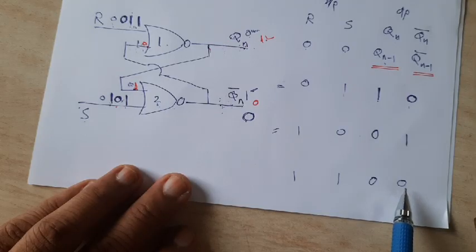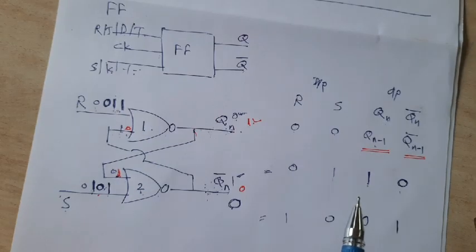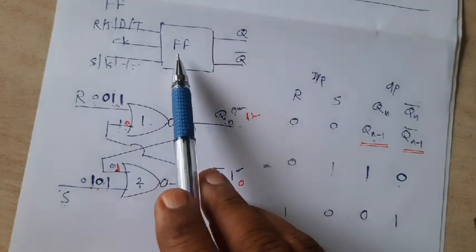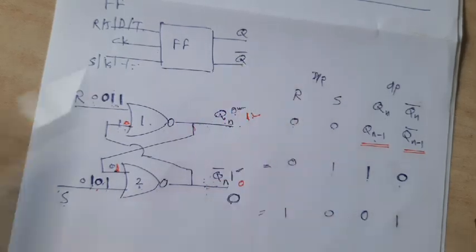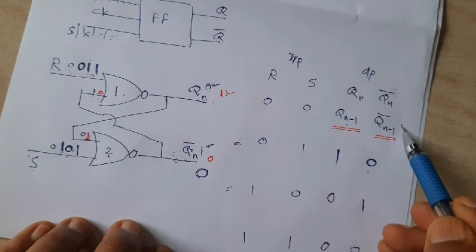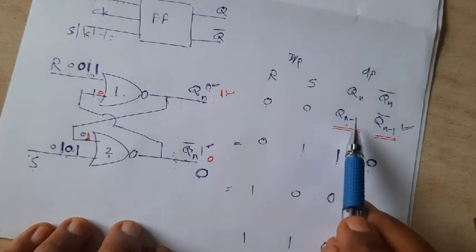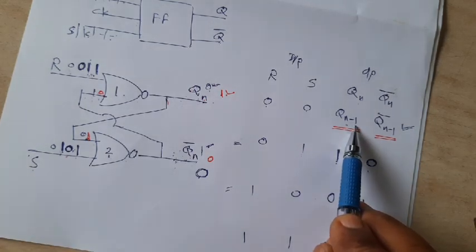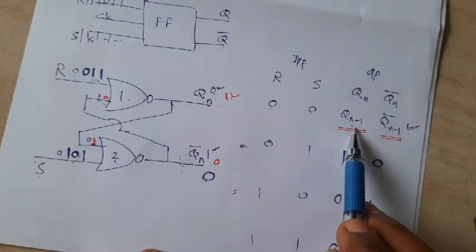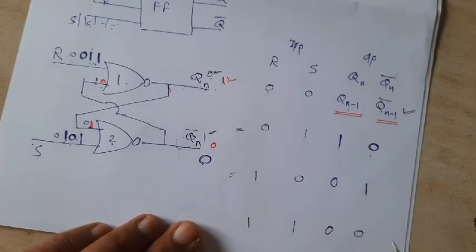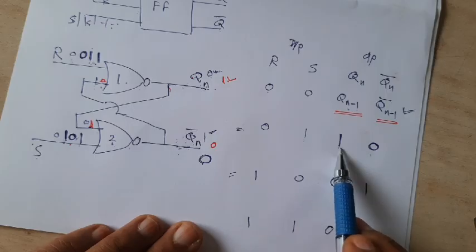Right? But according to our definition, in case of flip-flop, outputs should be complement of each other. Here the condition is satisfied. It is Qn minus 1, that is the previous output, and Qn minus 1 bar, complement of previous. Therefore both are complement of each other. Here they are complement of each other.